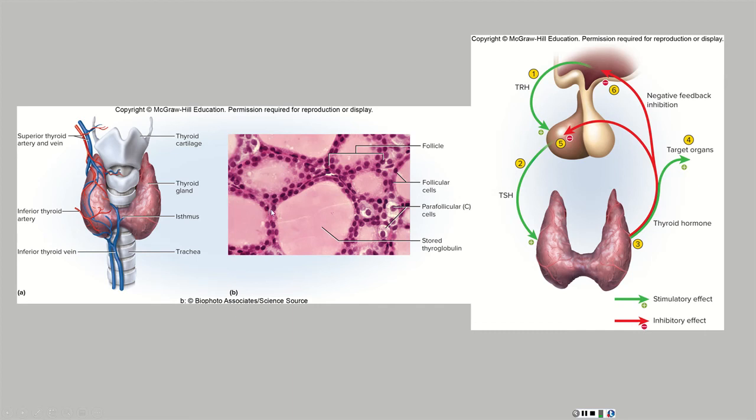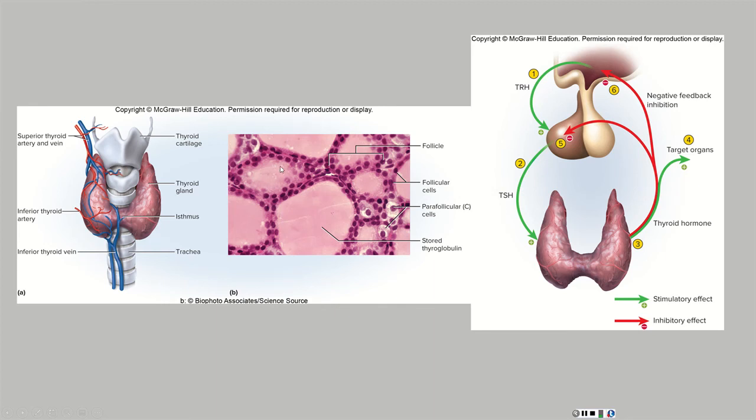And if we look at these follicles, they are surrounded by a layer of simple cuboidal epithelium. Those cells are called follicular cells. Follicular cells surround and create the border of the follicles.